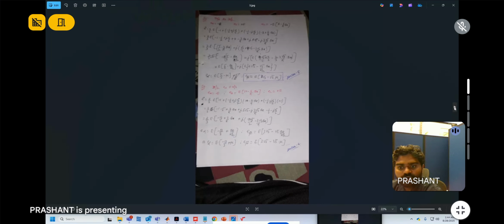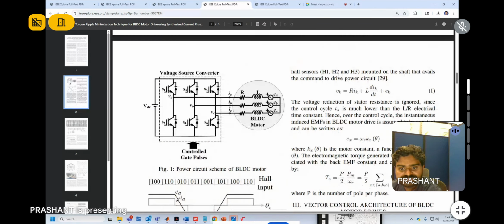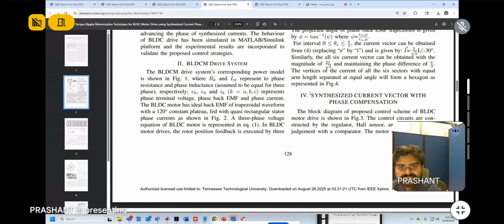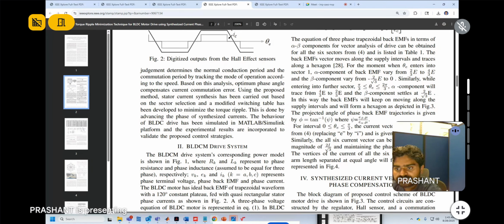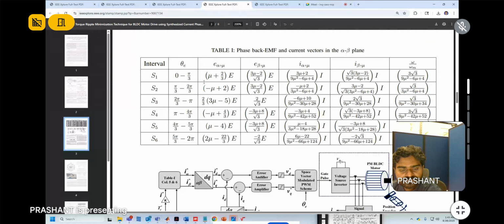Likewise, it has been obtained for all the 6 sectors, as presented in this table. Somewhere I might have written the values of mu. Let it be, it is not required now. So now see, for all the 6 sectors, E alpha, E beta, I alpha, I beta is obtained.